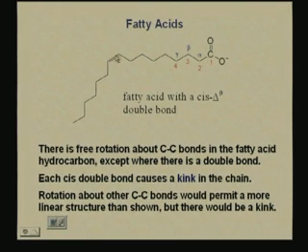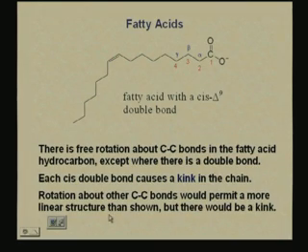So, you have what is called a kink in the chain. Instead of having a normal long chain and free rotation about the single bonds, each cis double bond causes a kink in the chain. If I had another cis double bond at this position, this part of the chain would fold back.